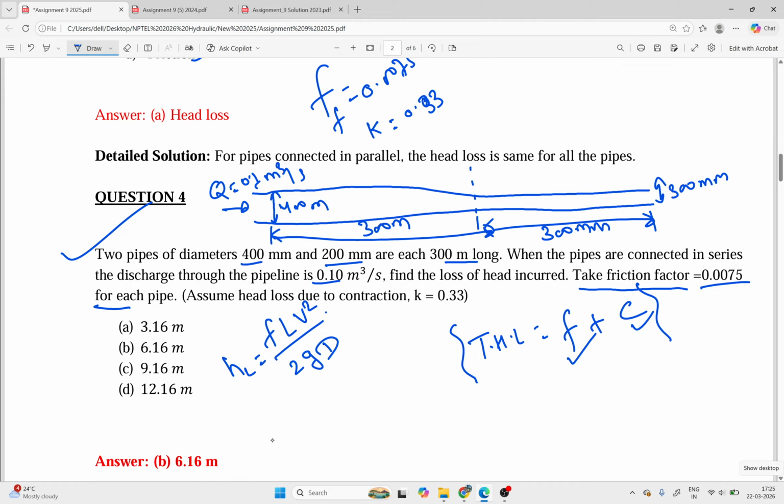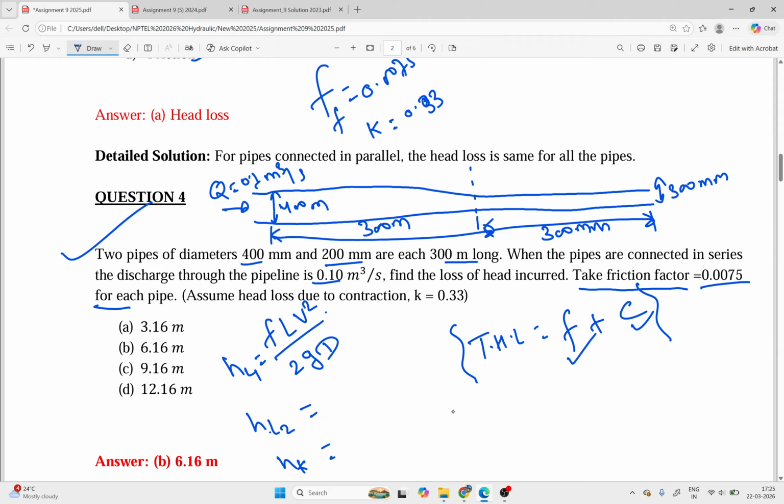Head loss in the series pipe, as you know, will be the total head loss in the series pipe: HL1, HL2 you need to calculate, and then your head loss due to the contraction. So this is the formula to apply here.